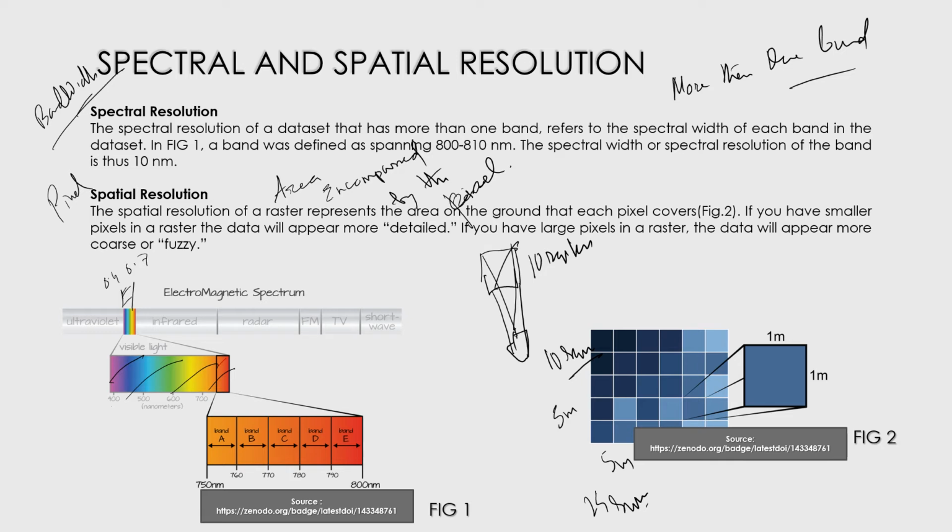However, if there is an image where one pixel covers 100 meters by 100 meters, then the pixel is much larger.